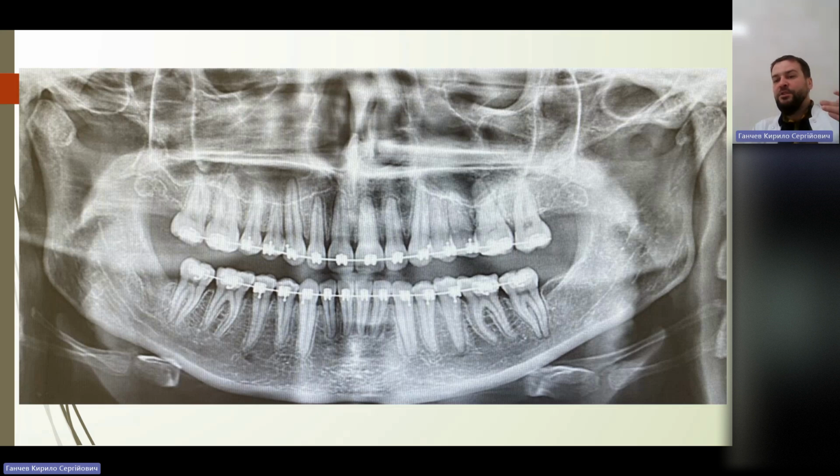If you want to be sure 100%, you have to do a three-dimension procedure like computer tomography to make sure that your roots are not in that antrum.